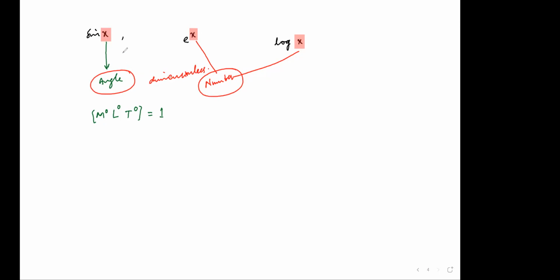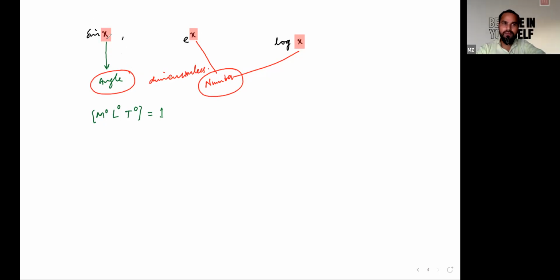Okay. Now just see the whole value of sin x, e raised to the power x, and log of x. Suppose you have to calculate sine of 30 degrees, it would be half. So sine of 30 degrees is equal to just half. What can we conclude about this term? It is nothing but a constant number, which is a dimensionless constant.